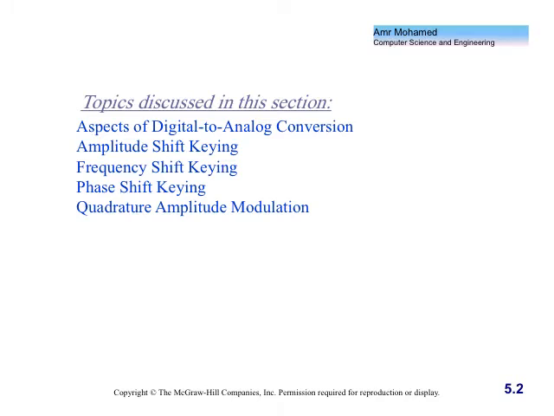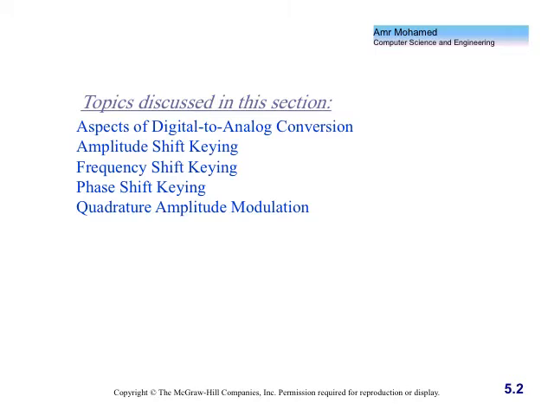And then the last one creates some kind of a combination between 2 of these techniques. Try to change the phase and the amplitude. That's why it's called quadrature amplitude modulation. So it takes into consideration both the amplitude and the phase. So that's in summary what this chapter talks about.